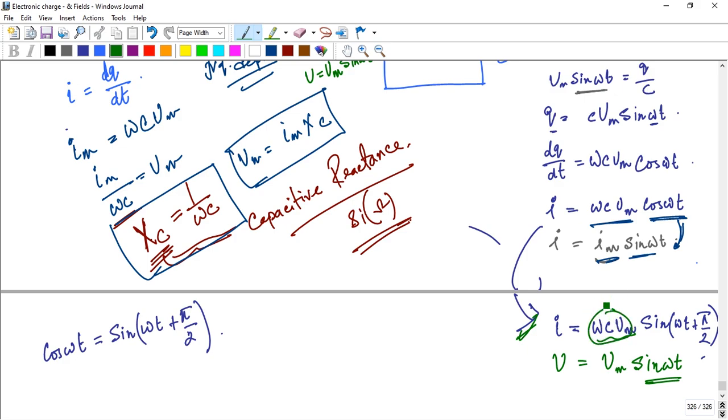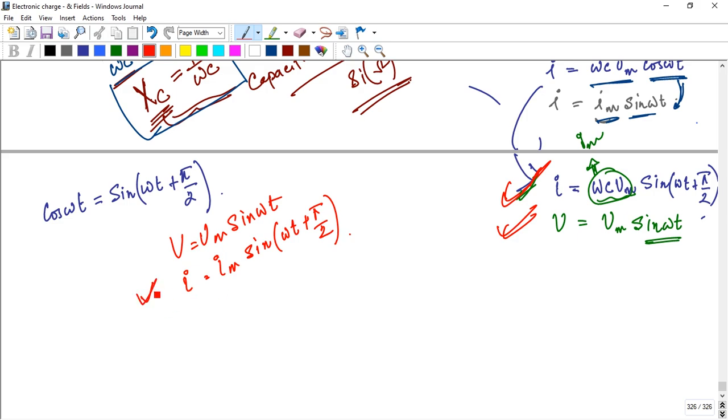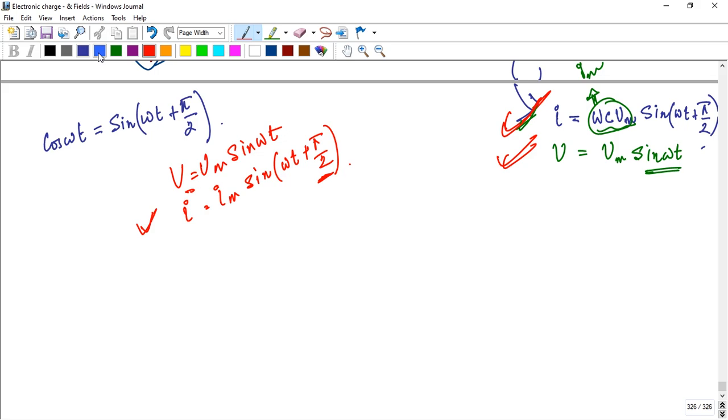Look carefully at these two equations: V equal to Vm sin omega t and I equal to Im sin of omega t plus pi by 2. Here the current is pi by 2 ahead of the voltage. Now we draw a phasor diagram with the help of these.